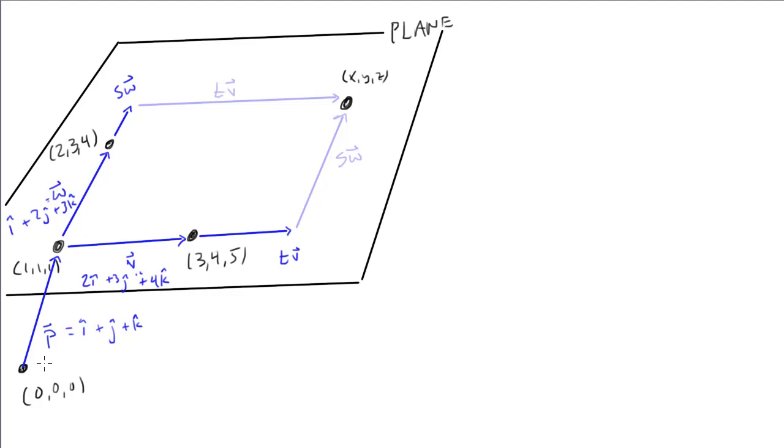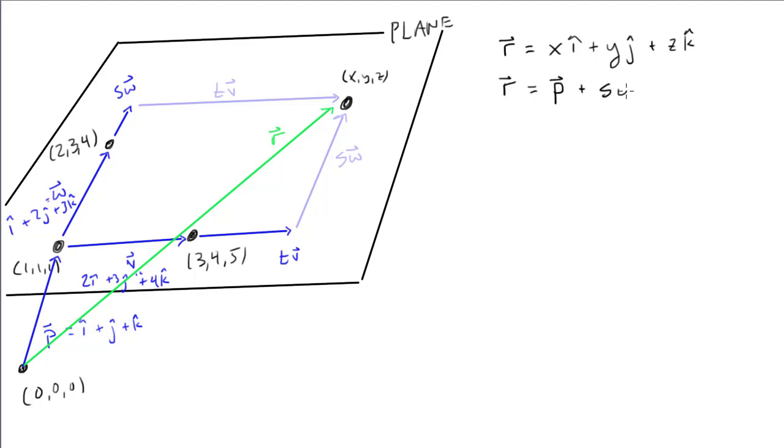The resultant vector is our vector form. The resultant vector always points to the point x, y, z on the object. But I'm thinking about it as a series of pushes.